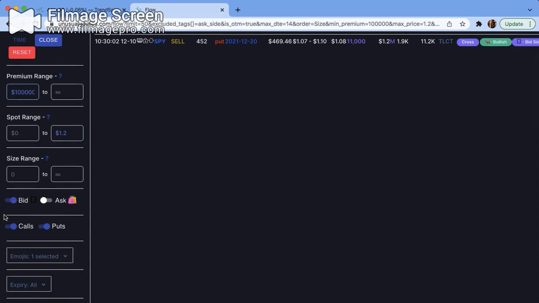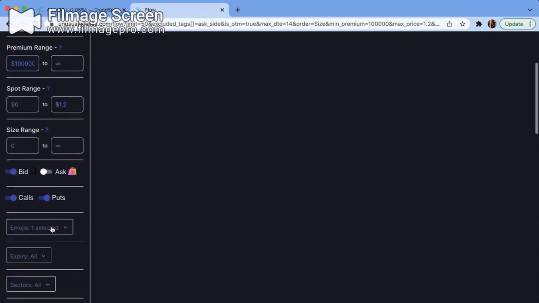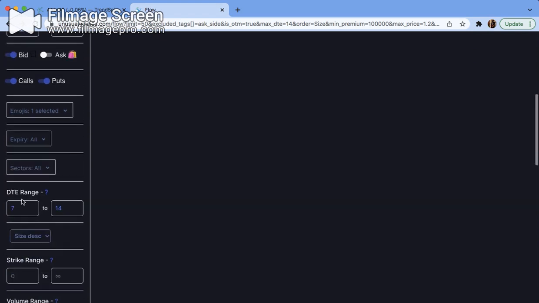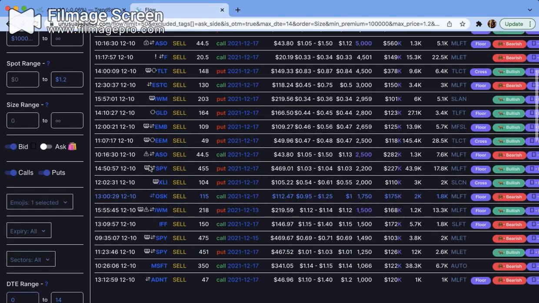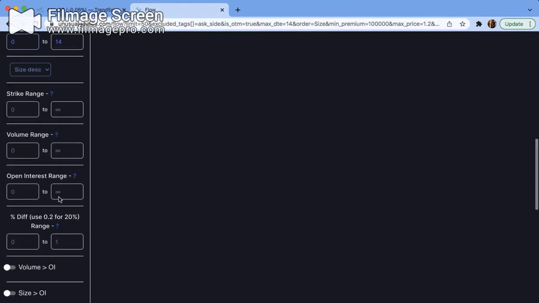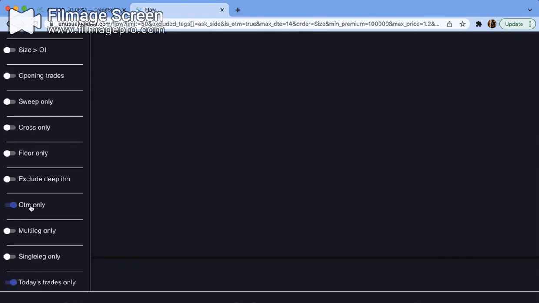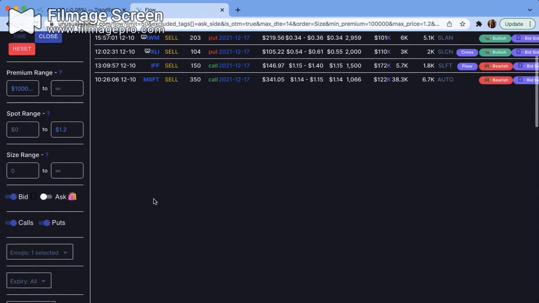And then a bid, select the bid only, not the ask, calls and puts, and then we want 0 to 14 days to expiration. That's okay. And then we want OTM only and single leg only. You can do today's trades as well if you want.